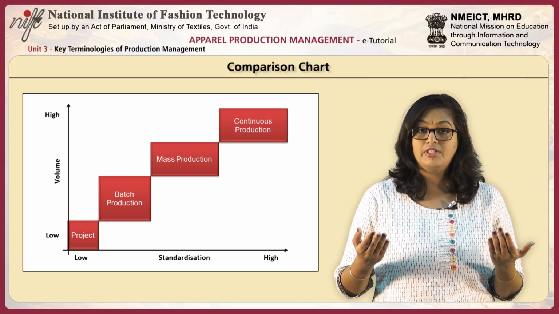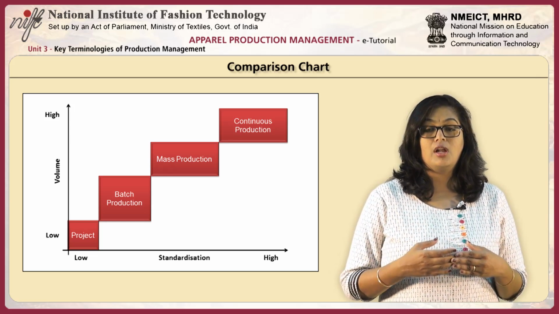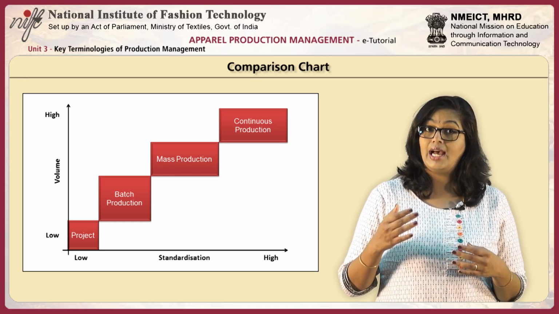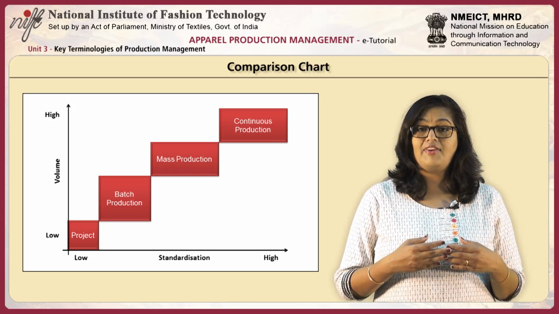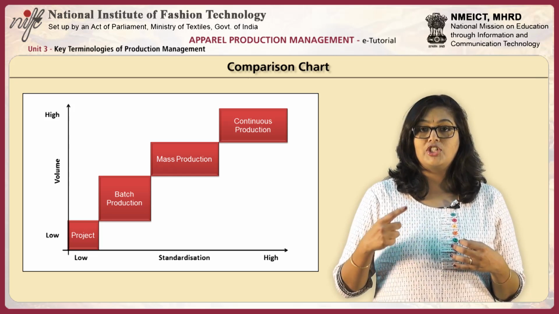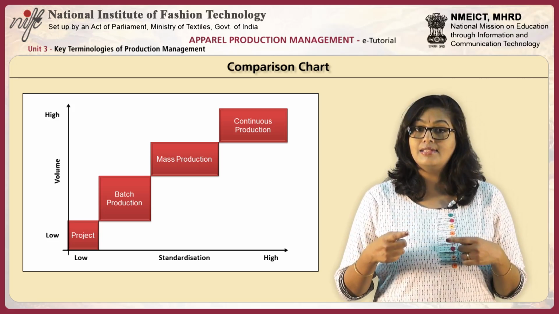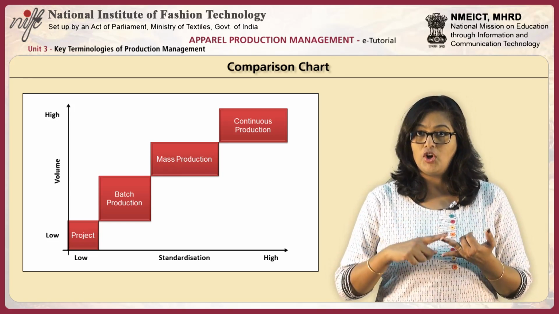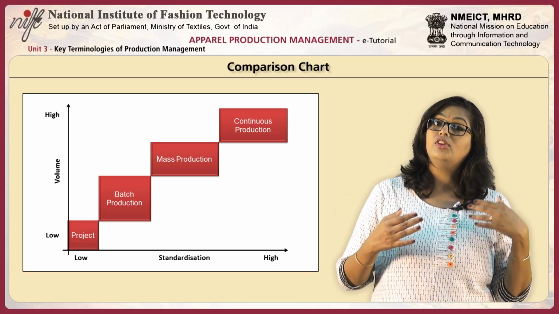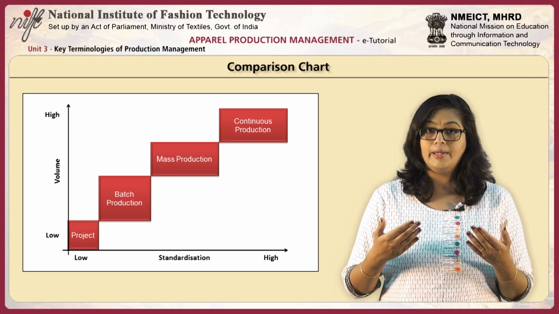It directly reflects the fact that the production is ongoing and does not stop for any reason, and hence you have very high standardization of machineries, of orders, etc. And similarly the volume, that is your output quantity, also is always high.